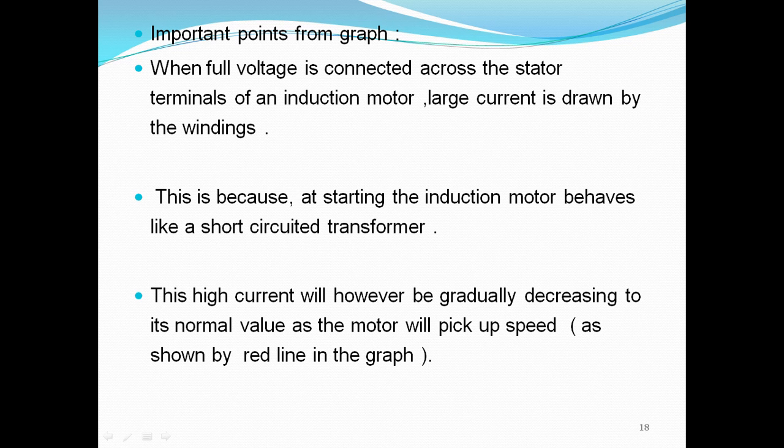The DOL starter is a push button type starter. It is simple, inexpensive, and easy to install and maintain.